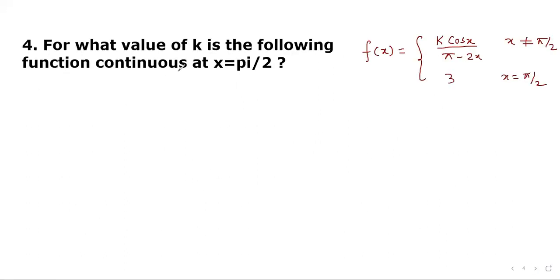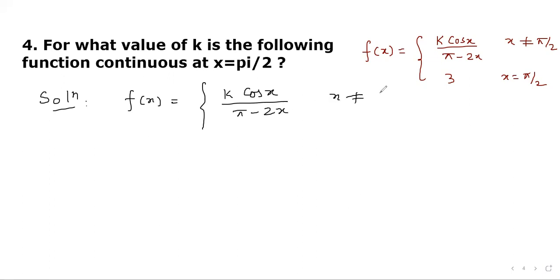Now, for what value of k is the following function continuous at x equal to pi by 2? So let's consider the solution. We are given f(x) equals k cos x divided by pi minus 2x, where x does not equal pi by 2, and it is 3 when x equal to pi by 2.